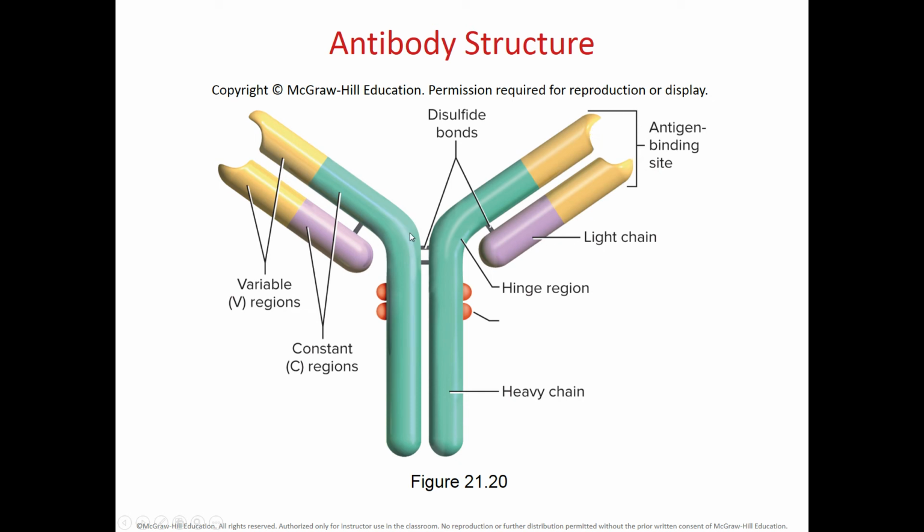And then we have this hinge region, which allows the rotation of these arms, so you can have flexibility to bind the antigens. And then here we have the constant regions that are always the same in the type of antibody, and these are the disulfide bonds that hold these amino acid chains.